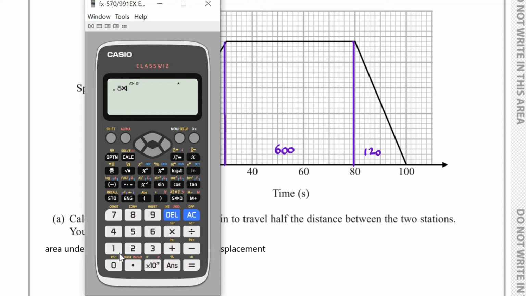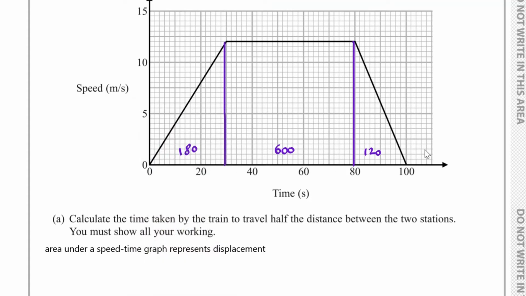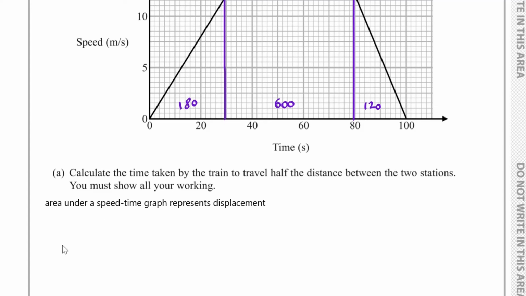A half times the base times the height. That's 120. Okay, so the total distance, that's going to equal the 180 plus the 600 plus the 120. Turns out here we get 900 meters.